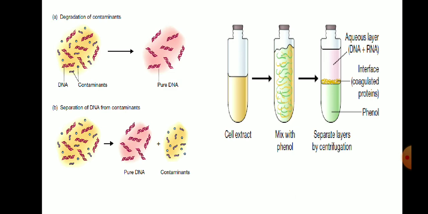EDTA and the lysozyme are used in combination to prepare the cellular extract, which in combination disrupts the cell membrane and cell wall and liberates the cellular extracts. This is subjected to centrifugation to separate them to DNA, RNA and protein, and the lysed cells settle in the bottom of the pellet, forming precipitate.